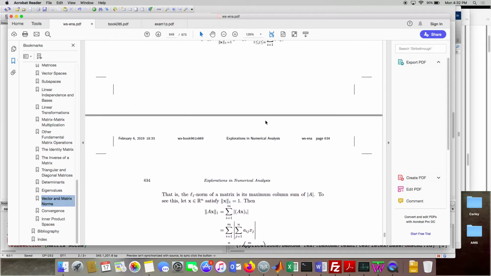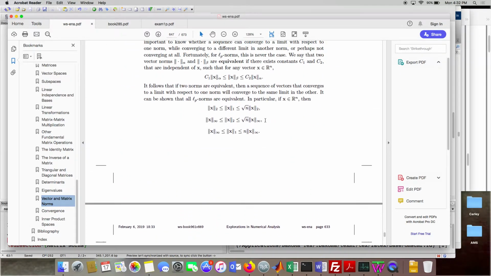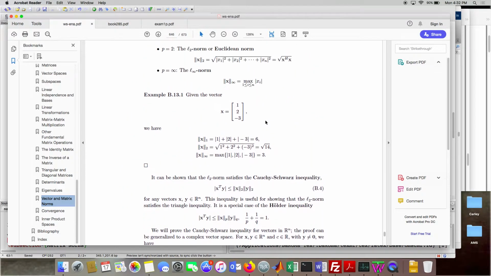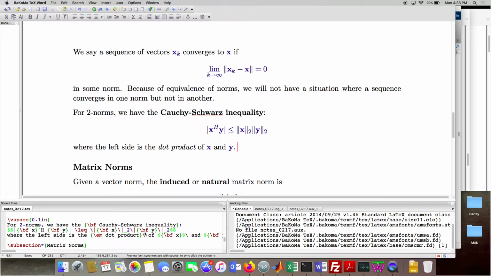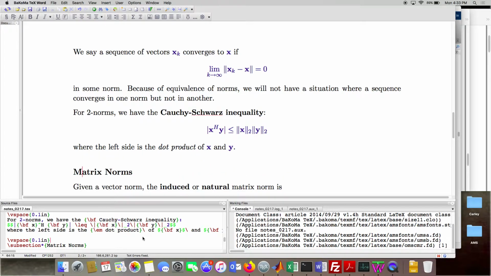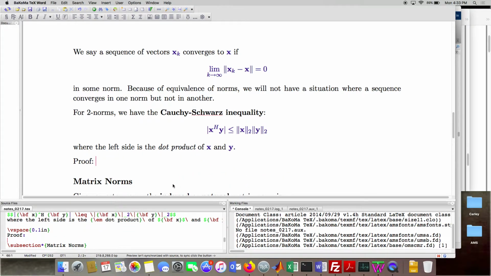Okay, that's some matrix stuff. Actually, I think I will take a little time to show how you prove this, because it shows how you can work with norms and certain properties, at least a 2 norm anyway. It won't necessarily apply to other norms.